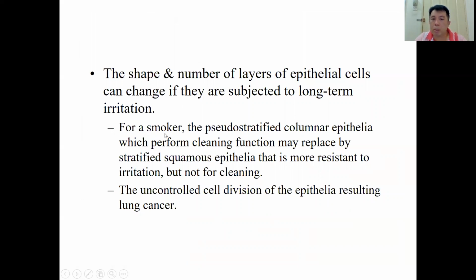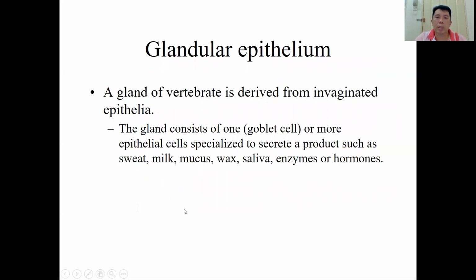For example, for a smoker, the pseudostratified columnar epithelium, whose principal function is cleaning, may be replaced by stratified squamous epithelium, which is for protection, because this is more resistant to irritation, heat, and smoke. The uncontrolled subdivision of the epithelium in the trachea can result in lung cancer.